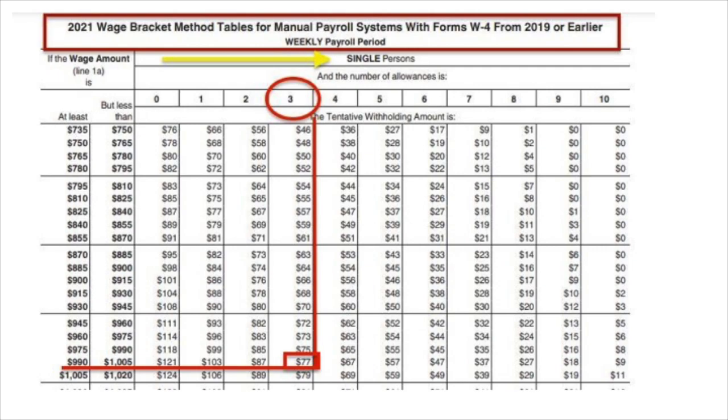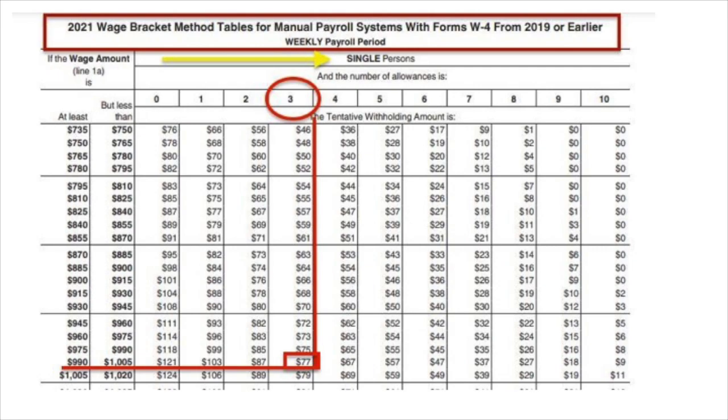Wage range is between $990 and $1,005 because the weekly salary is $1,000. And then we look for the 3 additional withholding allowances, and the tax that we get is $77.